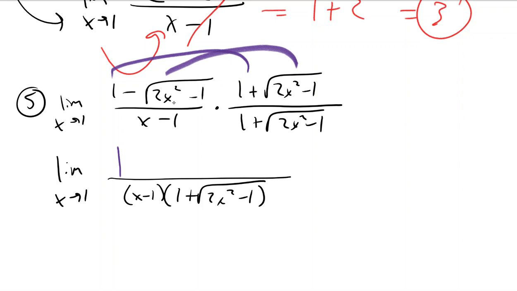And then the last part of FOIL, a positive times a negative would be negative, and the square root of this stuff times the square root of the same stuff is just going to give you that stuff. Just like the square root of 3 times the square root of 3 gives you 3, the square root of 5 times the square root of 5 gives you 5, the square root of 2x squared minus 1 times the square root of 2x squared minus 1 is going to be 2x squared minus 1.